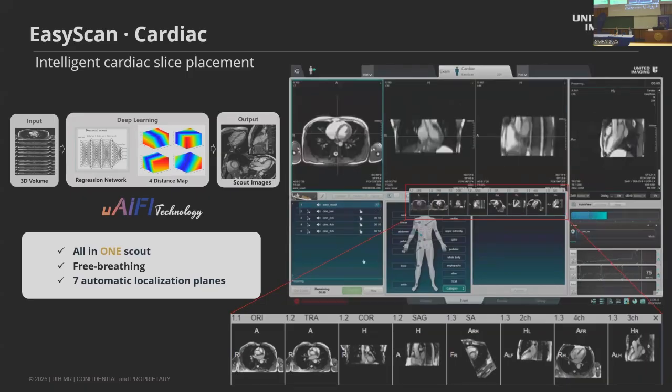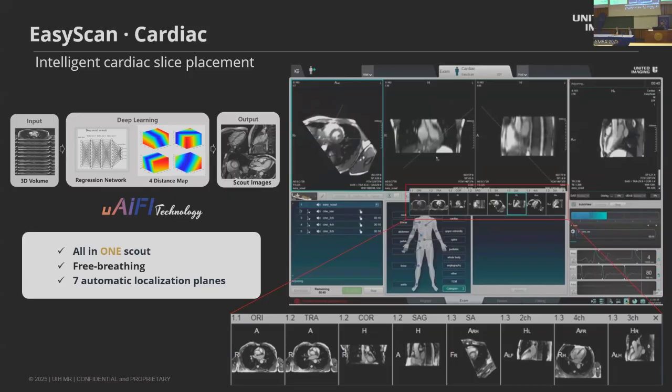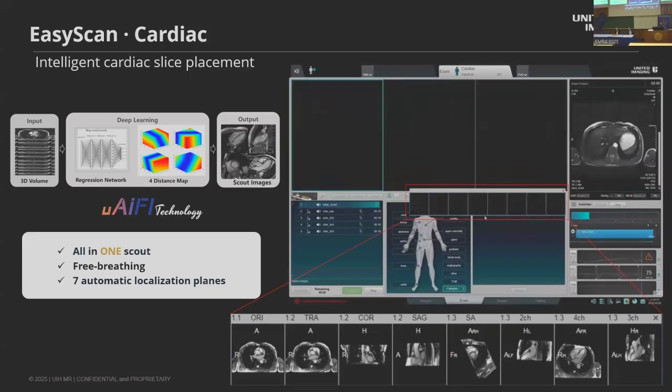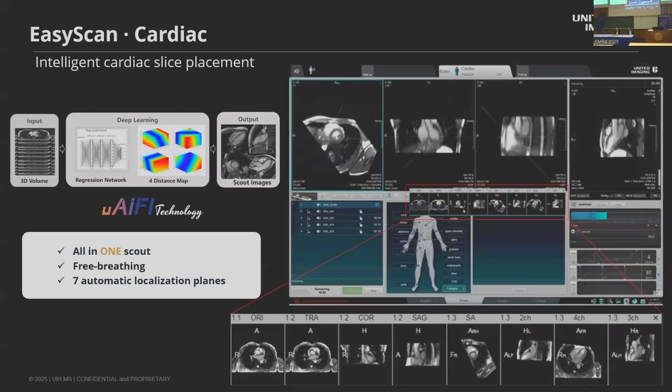So for all following scans, one can simply set the imaging planes by directly aligning to any of these anatomical planes. So in this way, it is very easy for anyone to do the cardiac scans, and operator errors can be minimized.